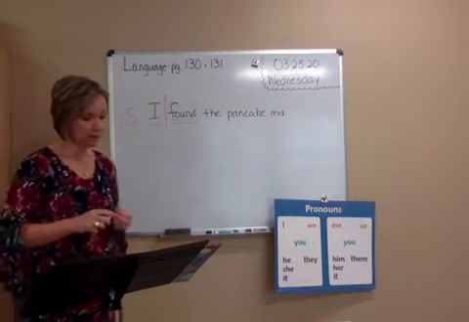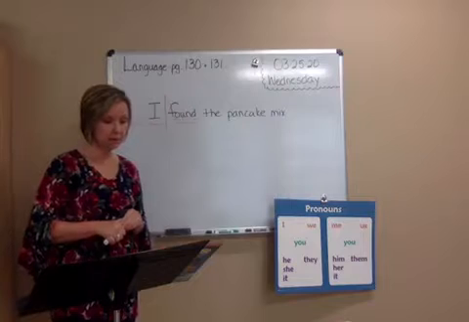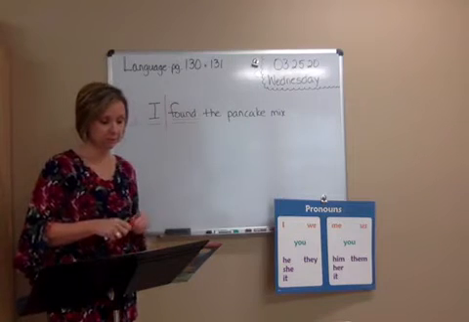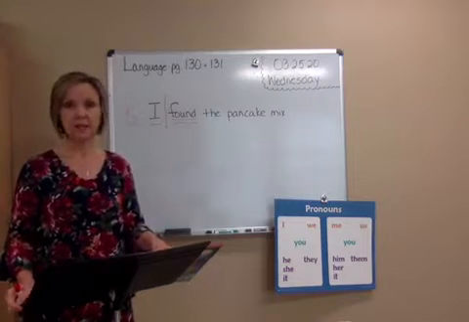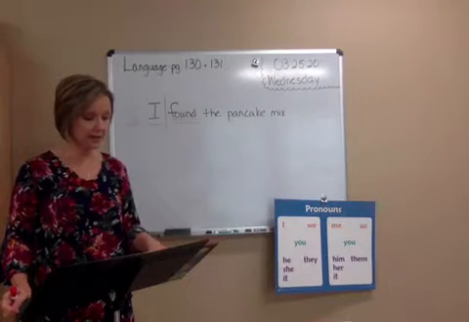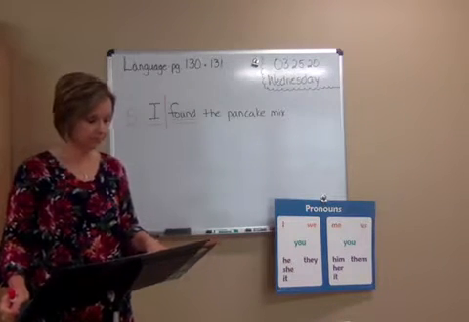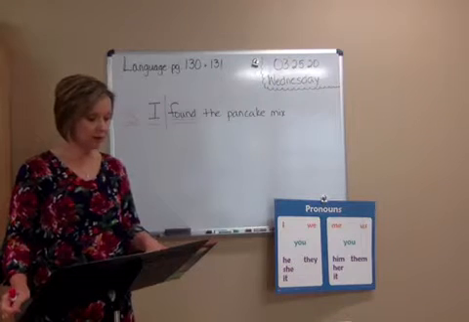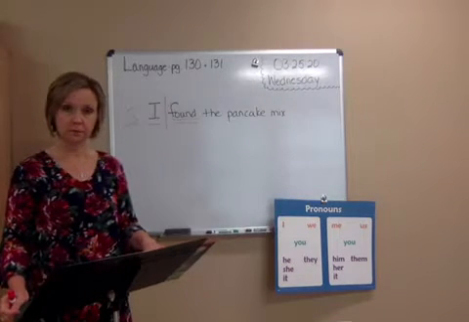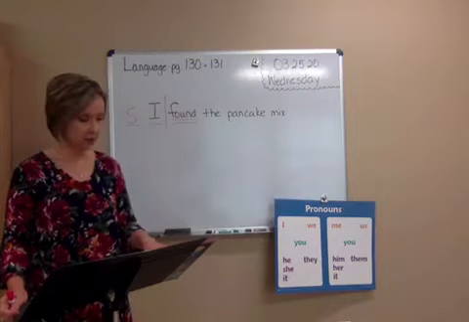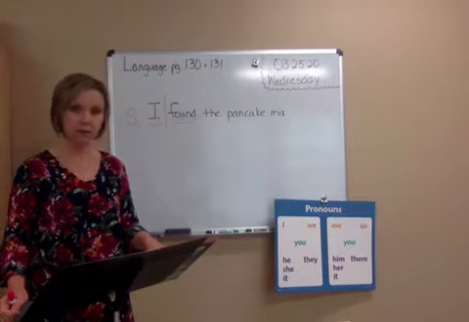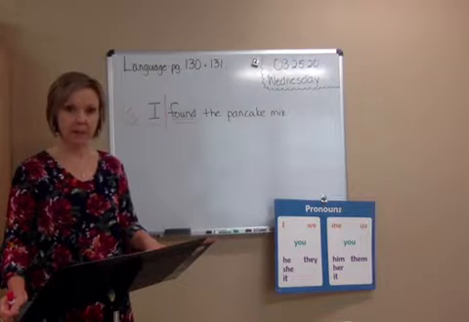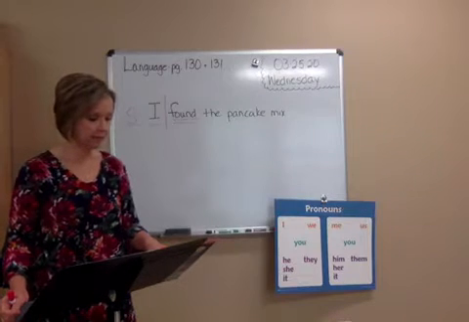All right, number 3. Mandy handed me a big spoon. Where will we divide? Yes, between Mandy and handed. What is our action verb? Handed, yes. 2 lines under handed. What is our subject? Mandy. So 1 line under Mandy.